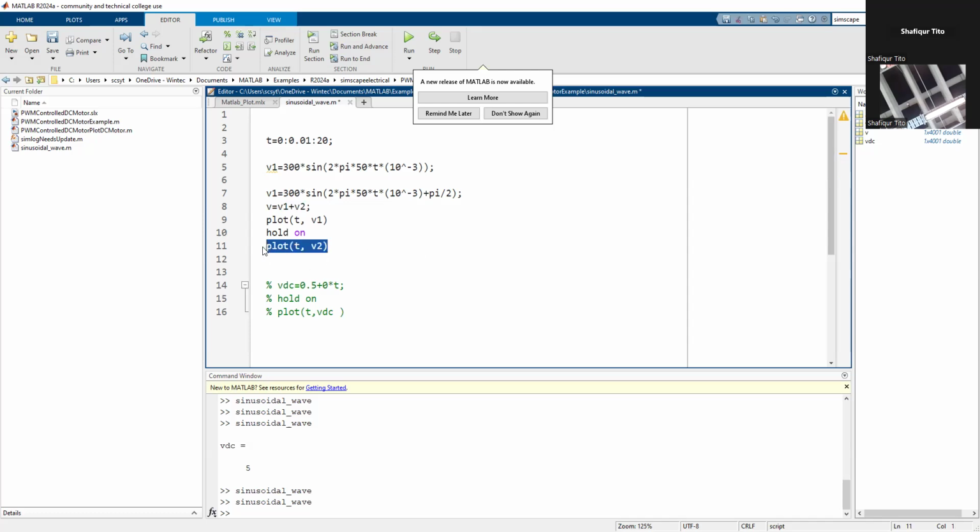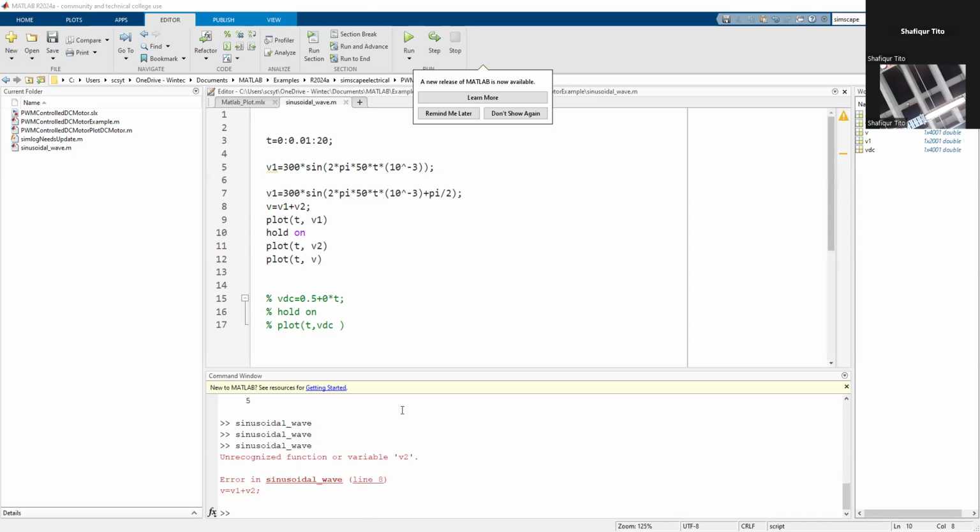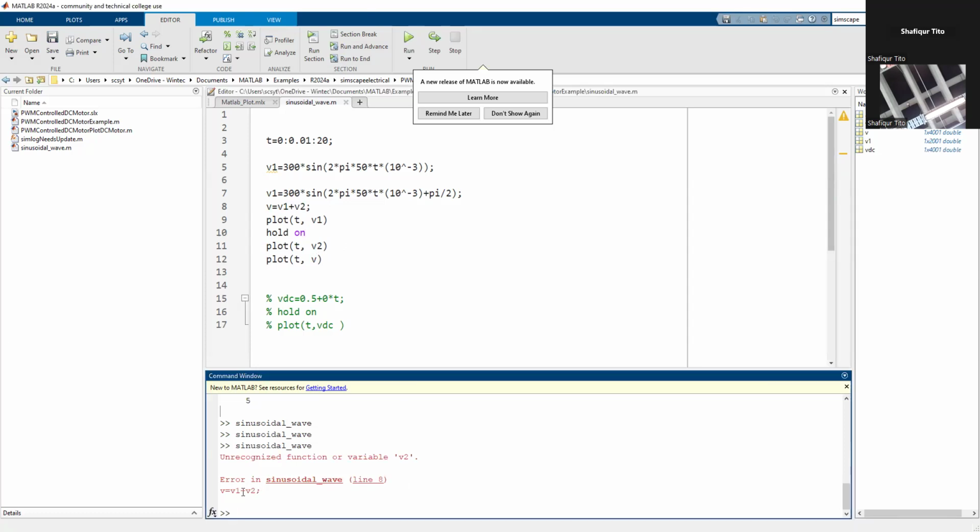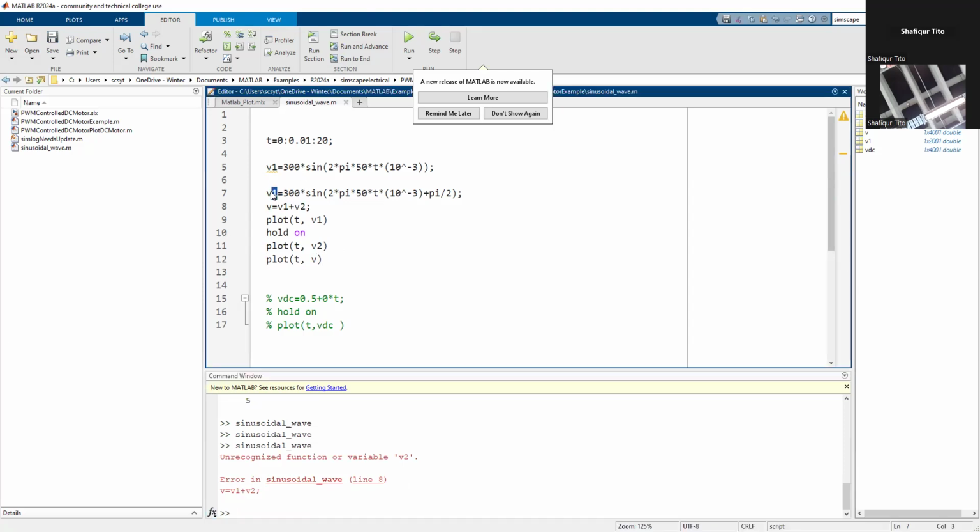All these three I want to draw on the same figure, so this one will be V. Okay, let us try to simulate. I'm not sure what it will produce. V1, oh, it should be V2 here, right? Missed out. And then this one is fine now.